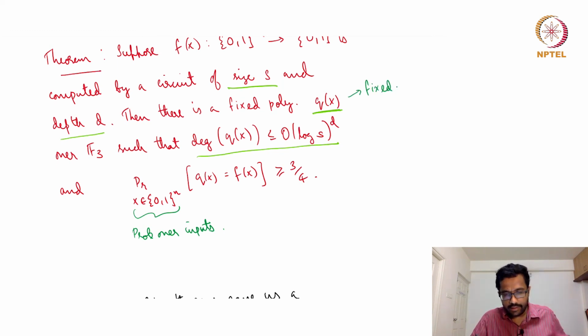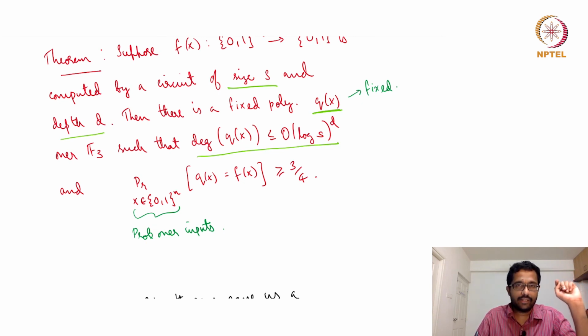So in the earlier case, we showed a family of polynomials and a certain distribution, such that if you choose a polynomial from that distribution, the probability of error for any input x is at most 1/4. Now we are saying that there is a specific polynomial, there is one polynomial, we are not saying how to find it.